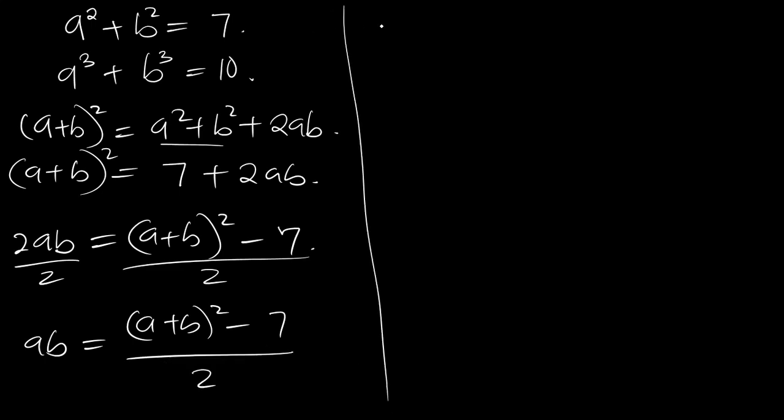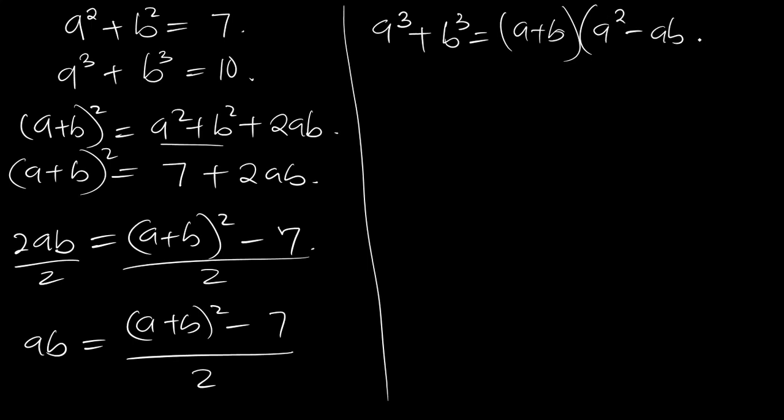Now the next one, you have a to the power 3 plus b to the power 3 is the same thing as a plus b into a squared minus ab plus b squared.